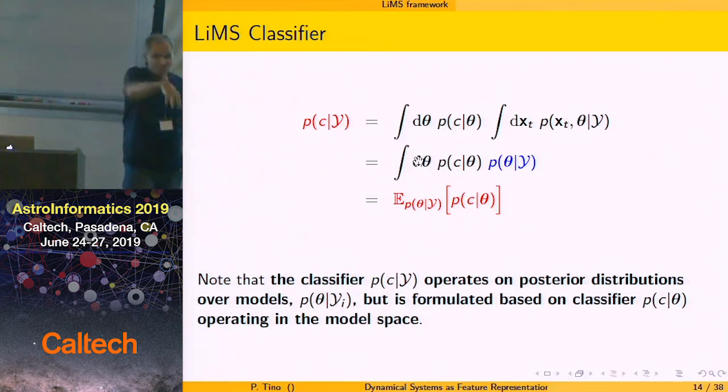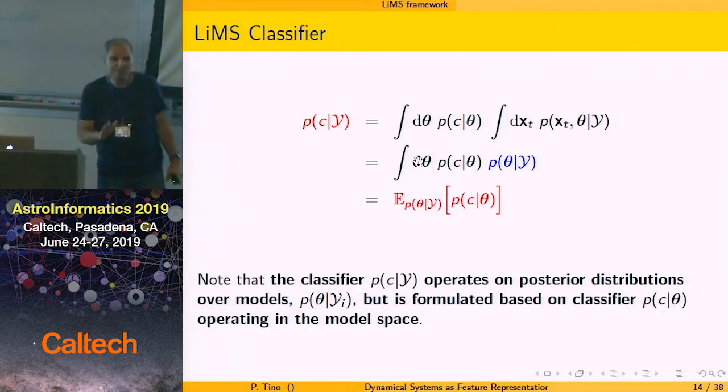So in the space of distributions, this would be a very different thing. So the only way to avoid this problem is to build a classifier in the space of individual models, and then impose the posteriors on top of it. So this is absolutely the key. And that's why all the other traditional machine learning methods that operate on distributions will fail in this case.